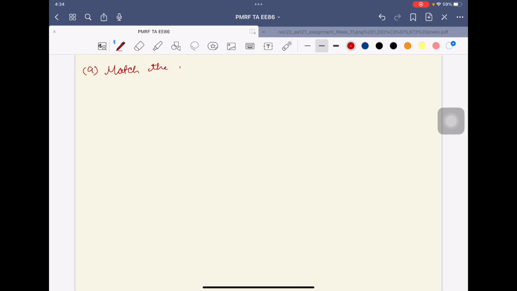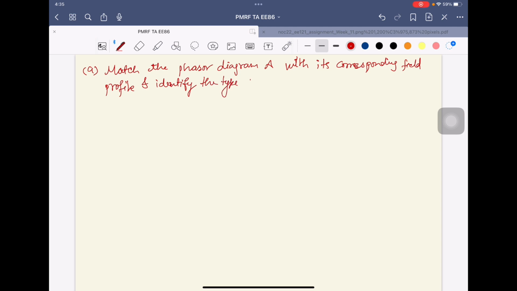Match the phasor diagram A with its corresponding field profile and identify the type of squeezed state.